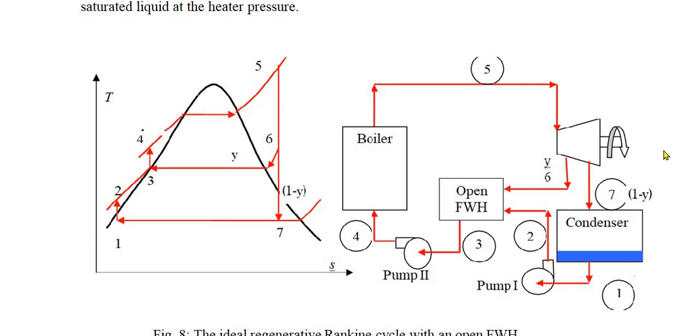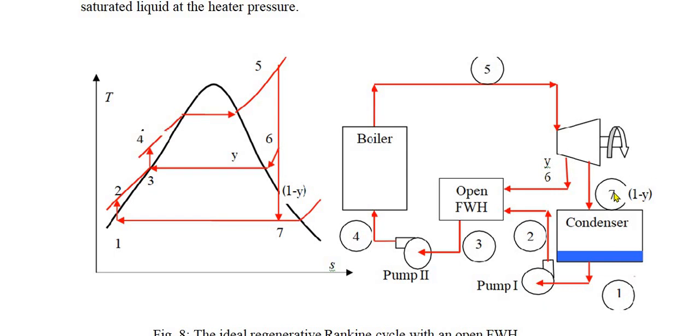Got the point? In that 1 kg, y kg is allowed to expand till 6. The remaining 1 minus y kg is allowed to expand till 7. That means at 6, y kg of steam is entering the open feed water heater. Got it? So 5 to 6 is 1 kg of steam expanding, and 6 to 7, 1 minus y kg of the steam is expanding.